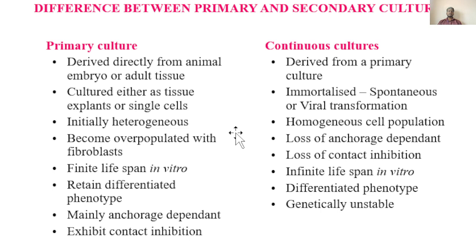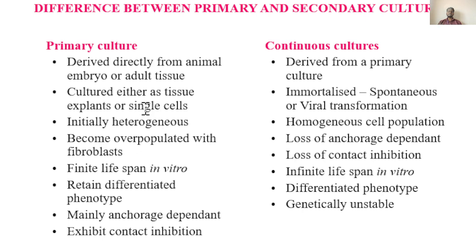The basic question: what is the difference between primary culture and secondary or continuous culture? Normally, primary cultures are where we take the source directly from animal tissue. So that will have the capacity to grow only a limited number of times.